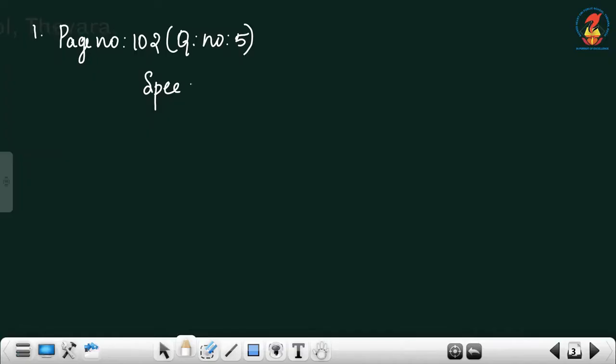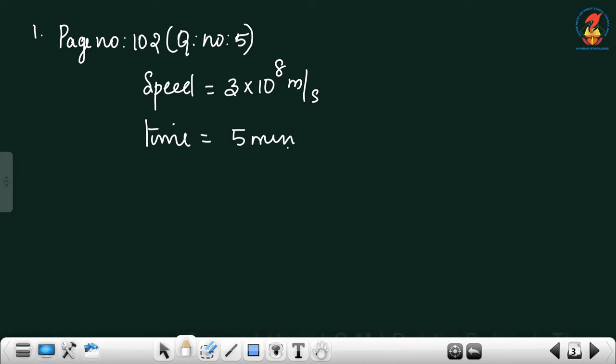Speed, you got it as 3 into 10 raised to 8 meter per second. Now time is given as 5 minutes. When you check, time is in minutes, while speed is given in meter per second.